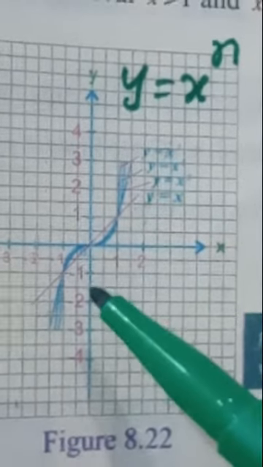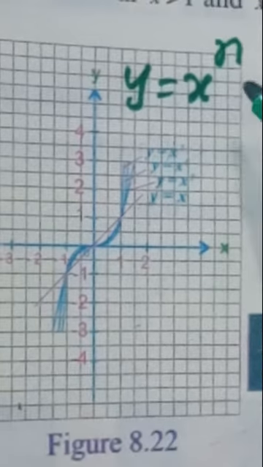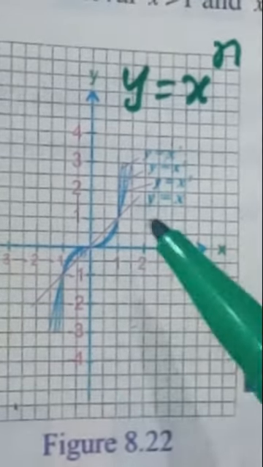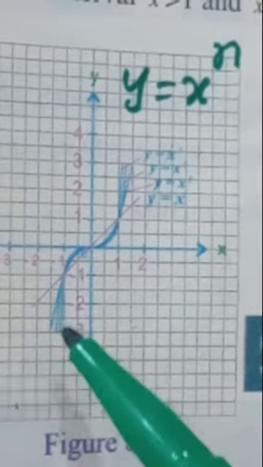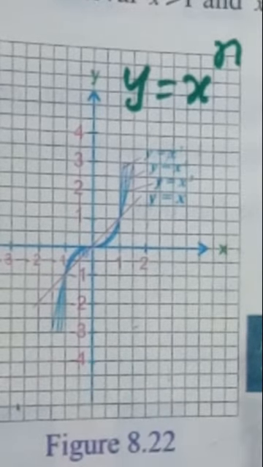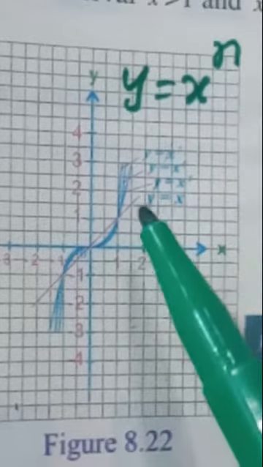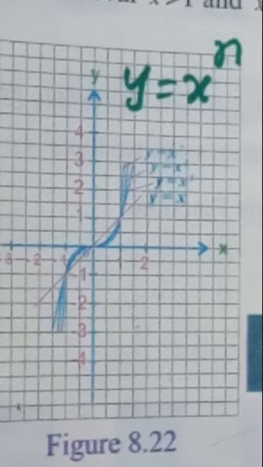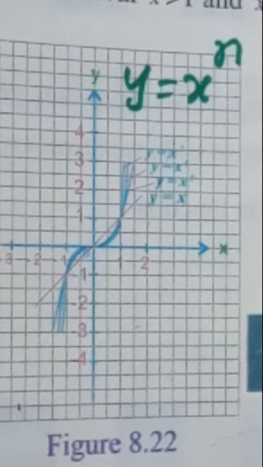You see the red line passing through the origin. When n is equal to 3, the graph will be the first curve. You see its branches are a little open from the y-axis. When this becomes 5, the branches from both sides come a little bit closer to the y-axis, and when n becomes 7, the branches close a little bit more towards the y-axis.